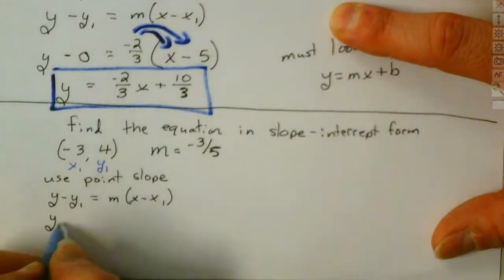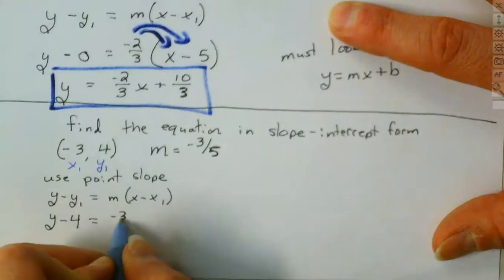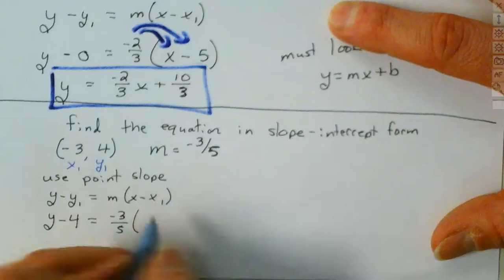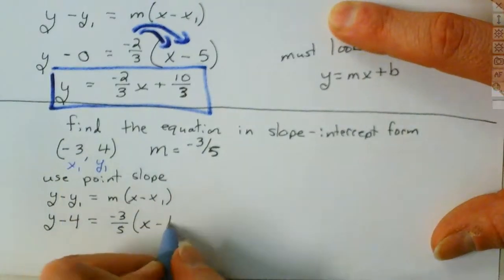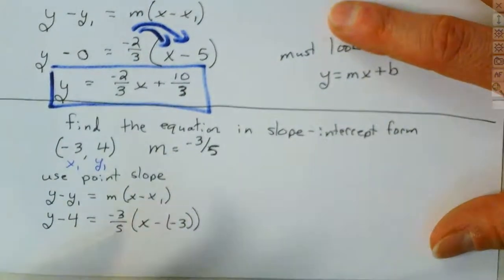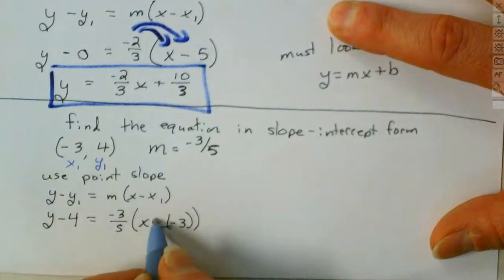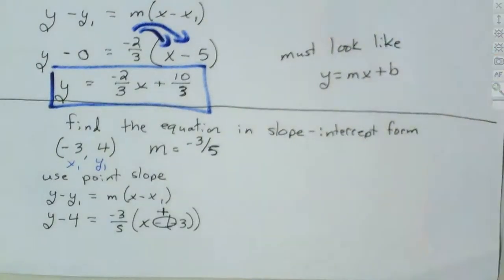So that's going to be y minus 4 on the left. We've got a minus 3/5 for the m. We've got an x that comes down. And what is x1? Watch the signs there. x1 is a minus 3. So that's a minus, so that actually makes it then a what? Plus. Is everyone okay with that so far?